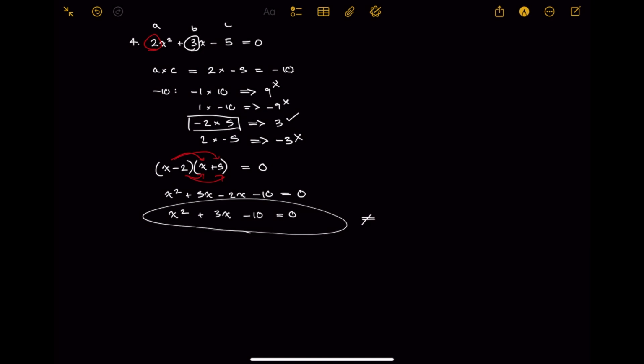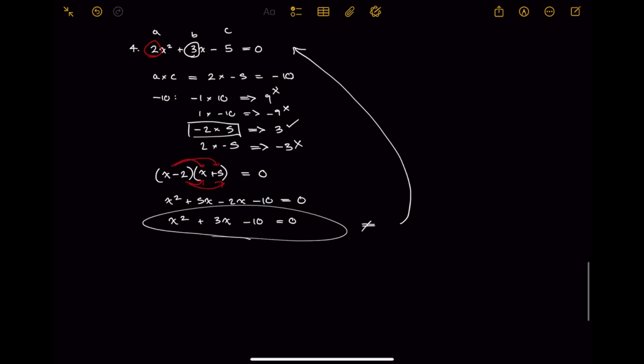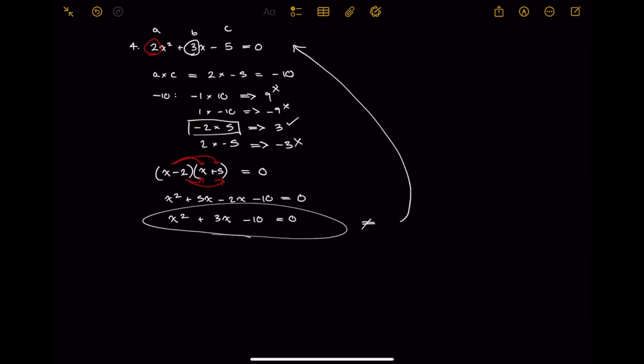And this is not equal to our original expression. And that is how we know it's wrong. Because if our final factored form gets expanded and doesn't match what we originally have, we know we've probably done something wrong in the process.